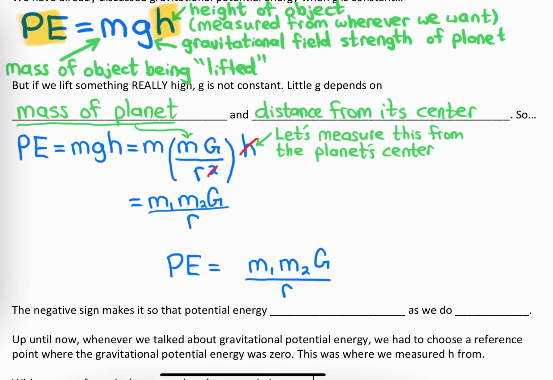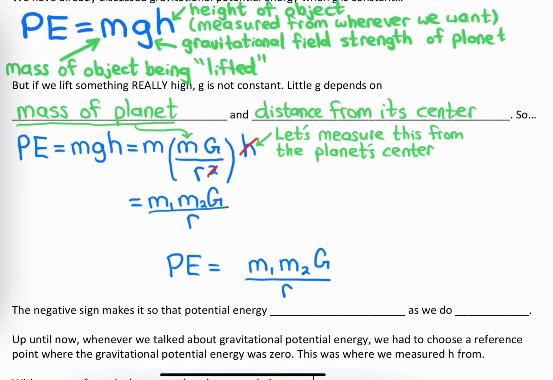Because of the way the equation was organized, if H got bigger, PE got bigger too. But in our new equation, that H got canceled out. And now the thing that's replacing H, R, is actually in the denominator, whereas before H was in the numerator.